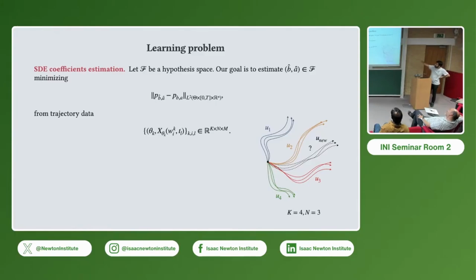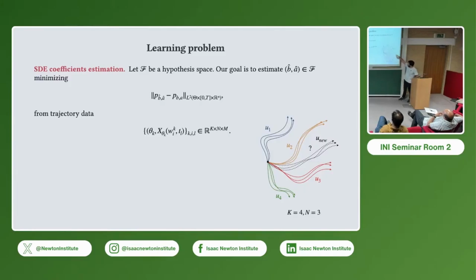Here I have K controls, a finite set of controls. For each control, I draw n trajectories, and for all of these trajectories, I sample them at discrete times. This illustrates well what kind of data we have.